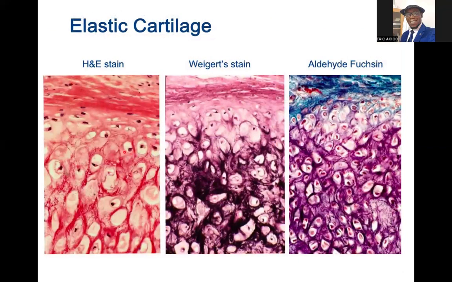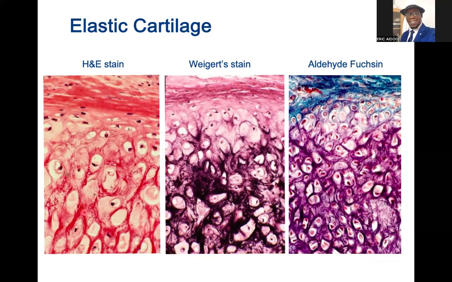So when we align the cartilages, this is what you find in terms of different staining. This is one type of cartilage, but we are aligning them based on their different staining ability. So when you have the H and E stain for elastic cartilage, this is what you are going to see.